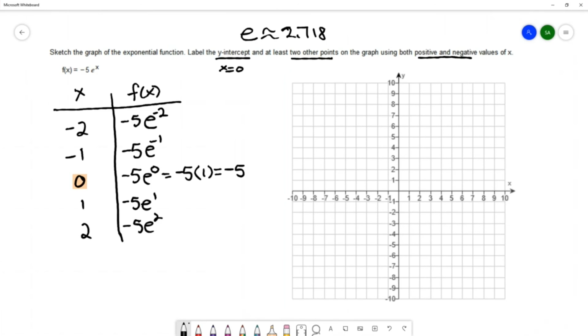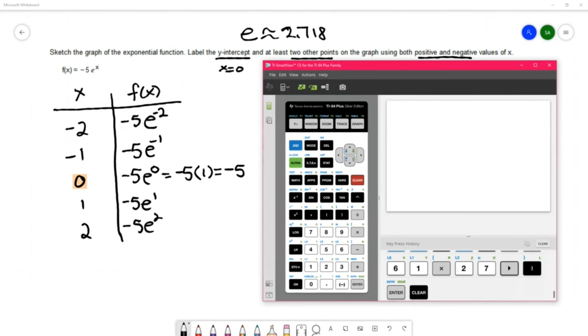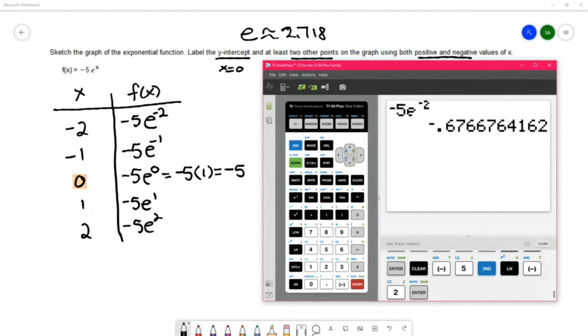And let me pull it up. And you can type the first one, that's negative 5e to the negative 2. And that is approximately negative 0.677.